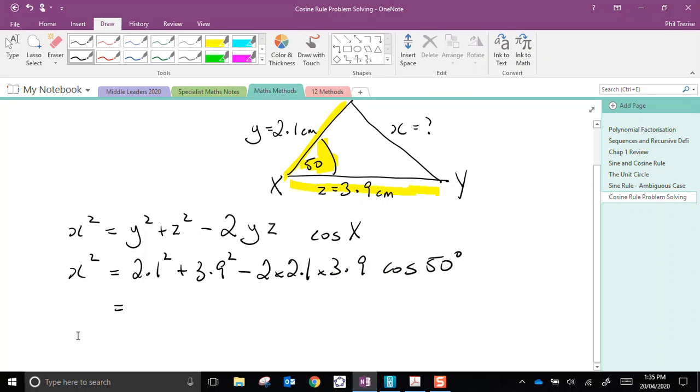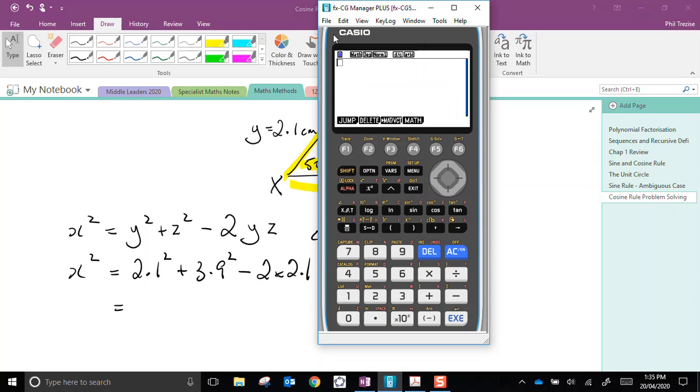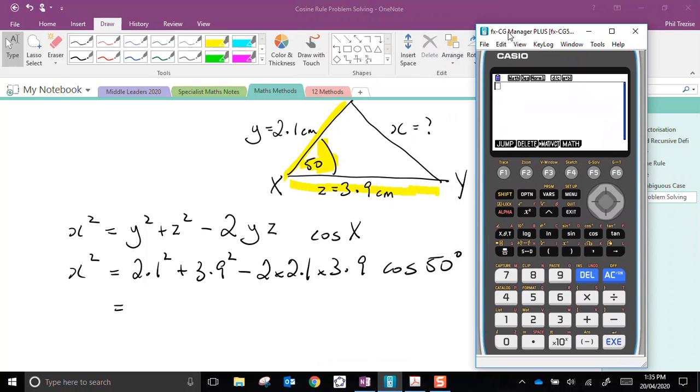So let's get the calculator going. 2.1 squared plus 3.9 squared minus 2 times 2.1 times 3.9 times the cosine of 50 degrees.